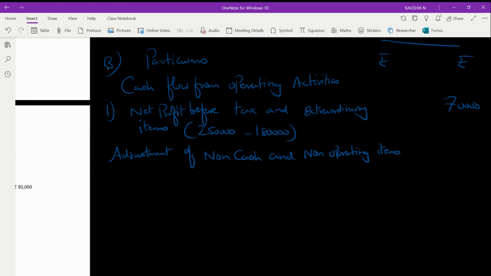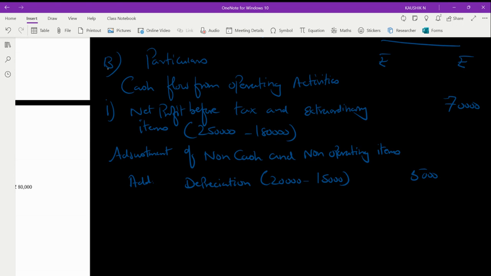Under this only you are going to write: add depreciation, the value of depreciation. You are showing it in the inner column, 20,000 minus 15,000. That value in the inner column you are recording as 5,000.